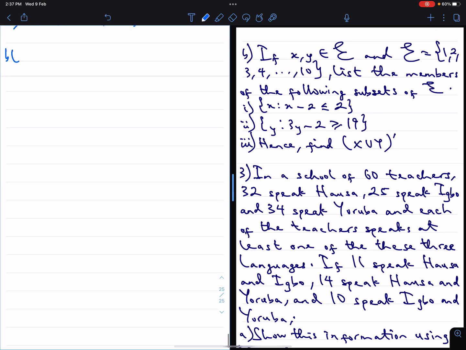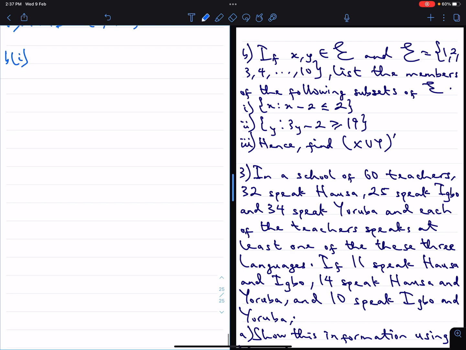Under number 2, that's question 2B, Roman figure 1. It says set X and Y are members of the universal set E, and we know that the universal set E has elements 1, 2, 3, 4, 5, 6, 7, 8, 9, 10.